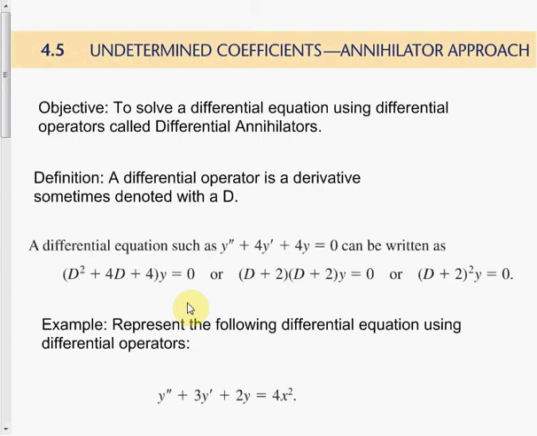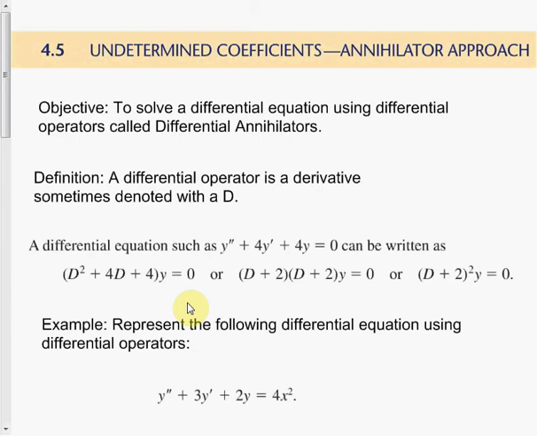An example of the differential operator, if you take this differential equation, y double prime plus 4y prime plus 4y equal to 0, we just represent the derivatives with the so-called operator. So y double prime is D squared, and then y prime is D. And if there is no derivative, then we do not denote that position with anything.